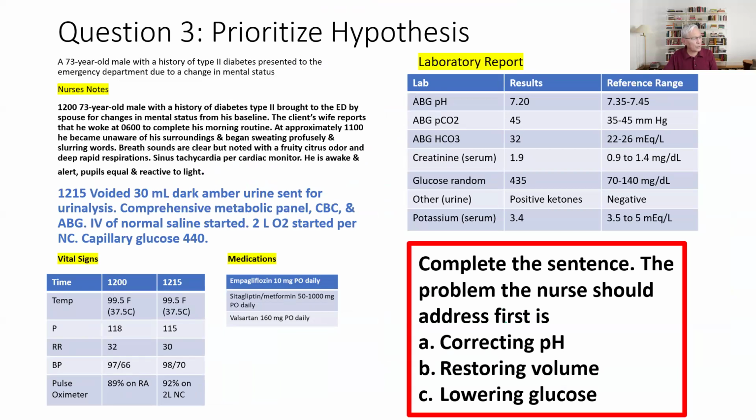The problem the nurse should address first is correcting the pH, restoring volume, or lowering the glucose. What is it? I would say restoring, sorry, the volume?